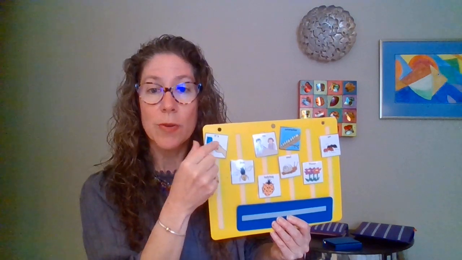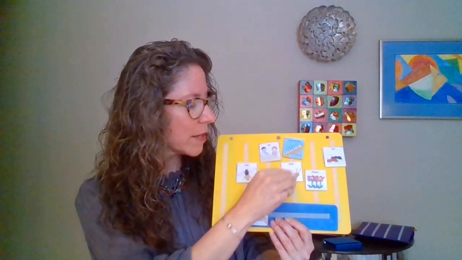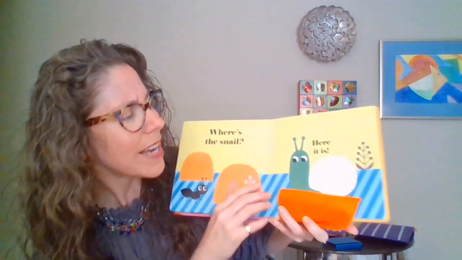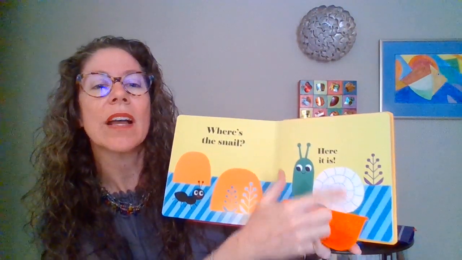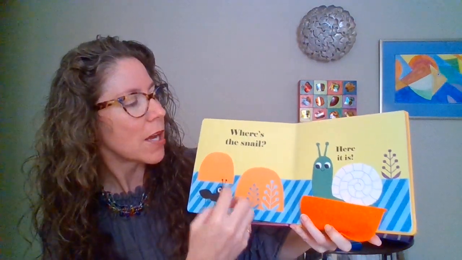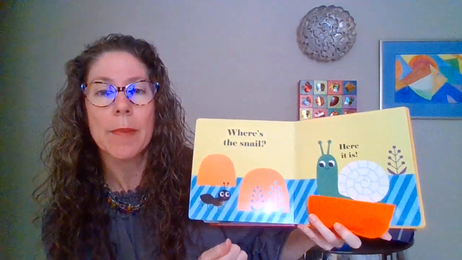Your PEX user would actually then create the sentence strip, always with the exchange. Exchange the sentence strip with you. Once you have the strip, they're going to be pointing as you read it back. "It's a snail. Oh my goodness." And I typically would go back with them and say, oh my gosh, that's right. That is the snail. And this would be your opportunity perhaps to point out something else on that page.